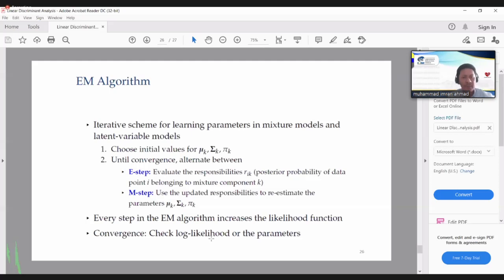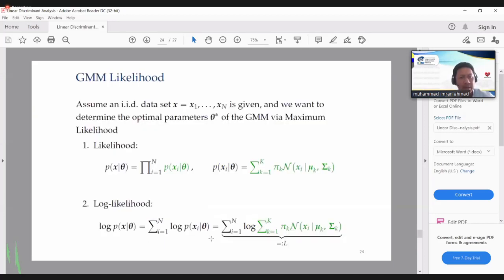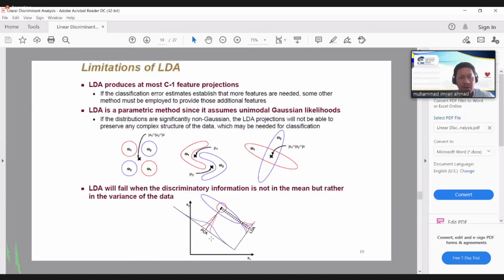GMM is a little bit difficult compared to PCA and LDA because there are a lot of statistical techniques you need to be familiar with, especially when you are talking about probability density functions. So you need to have a basic knowledge in statistics. But here I just want to show that the limitation of LDA that we found just now can be solved by using GMM.